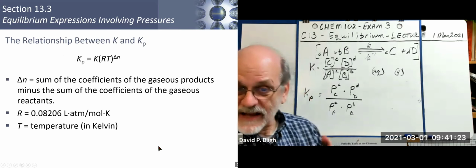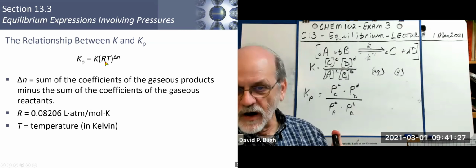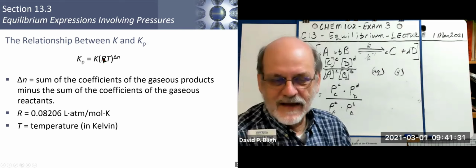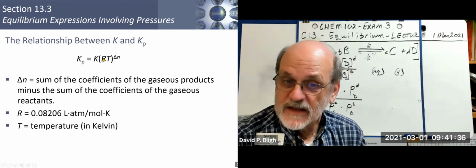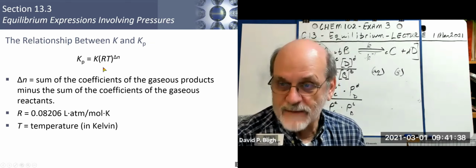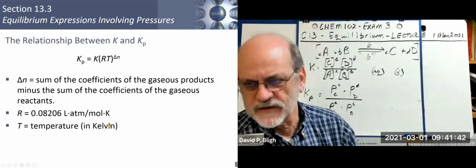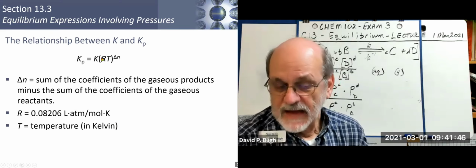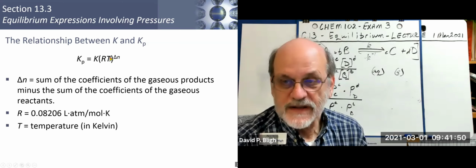Okay, so the relationship between the two, as you may have guessed, involves the universal gas constant. Fancy that. And since we're using atmospheres to calculate this, then R is in terms of liter atmospheres per mole K, not the other one with the energy units. All right, and then we need to know the temperature also. Right, what is the temperature?